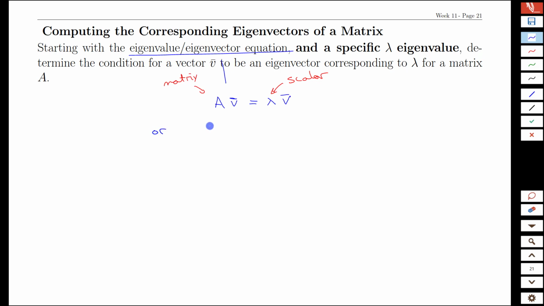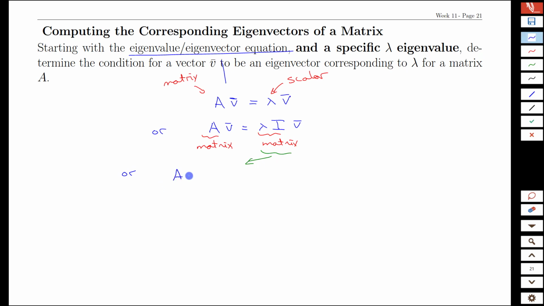Well, we saw earlier that these calculations are easier to work with if we turn this right-hand side, instead of just a scalar times a vector, into a matrix, the same as we had a matrix over here. And what we can then do is take all of this side and move it over.